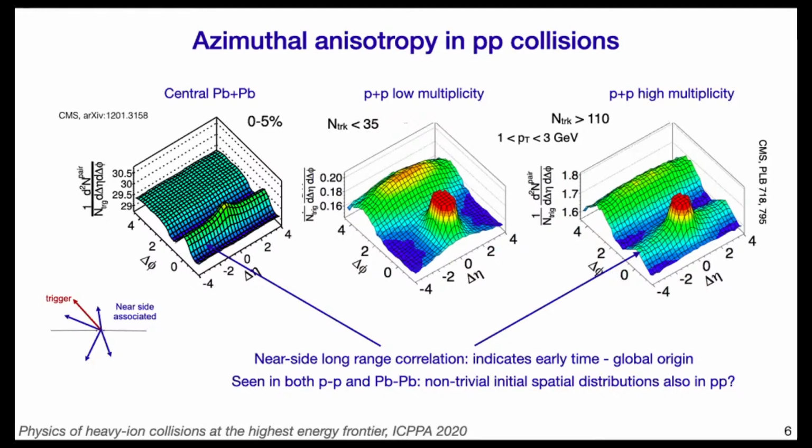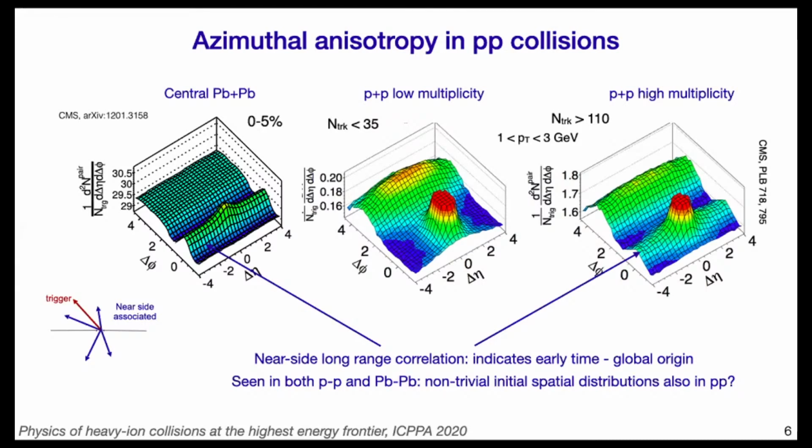And that is a signature of something that comes from the initial state, because the areas in the collision that are far apart in longitudinal direction come from different longitudinal spots along the collision zone. And so for this to be correlated, all these longitudinal spots have to talk to each other. And so the most natural mechanism for this is something that comes from initial geometry and then transfers this anisotropy to the final state.